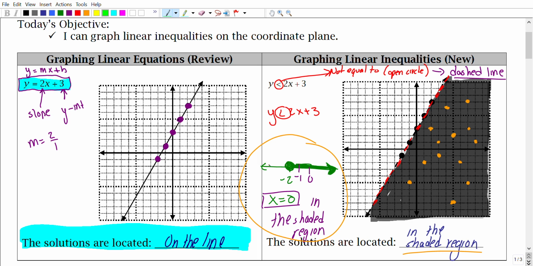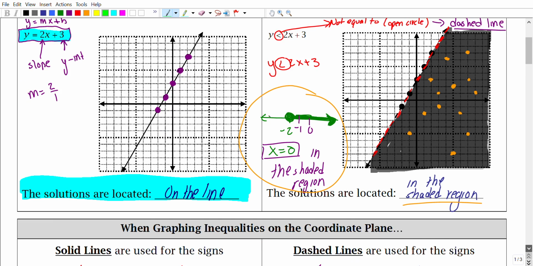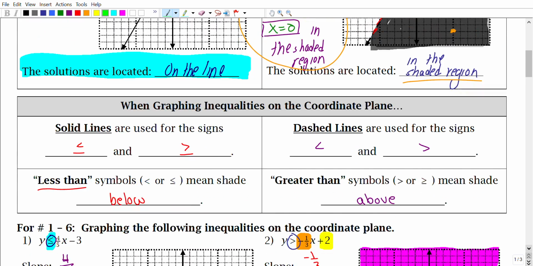Whether it's above or below, we have to figure out according to the symbol. Solid lines take the less than or equal to and the greater than or equal to. For dashed lines, it's just the less than and the greater than symbols. When we have less than symbols, we have to shade below. For greater than symbols, we always shade above.